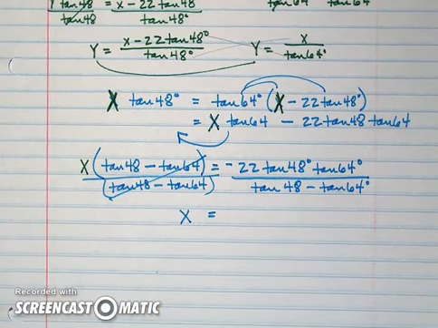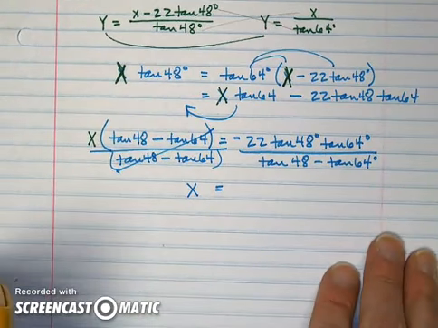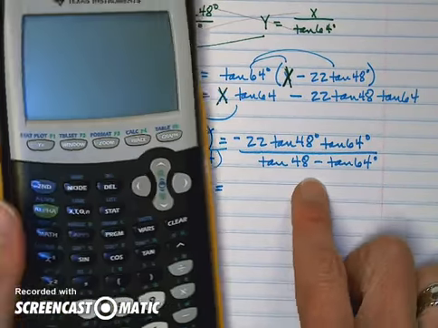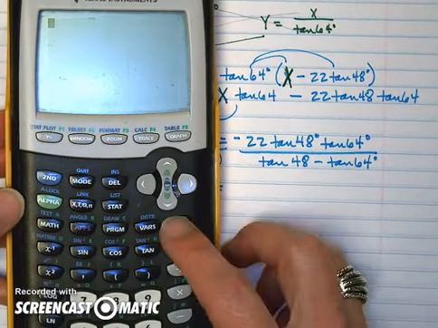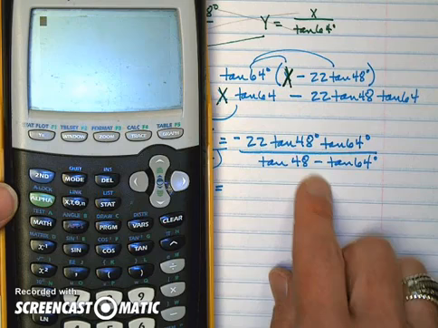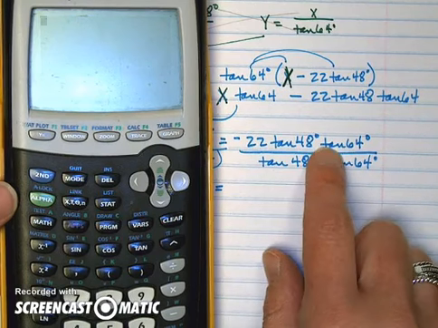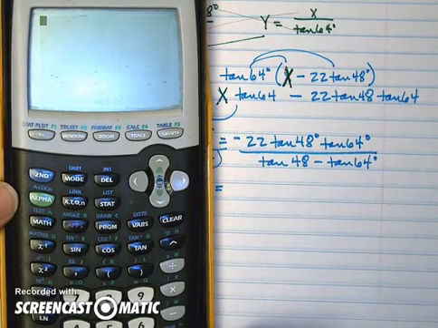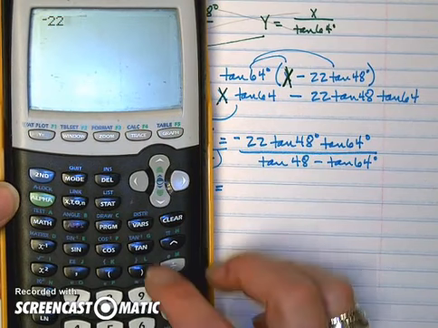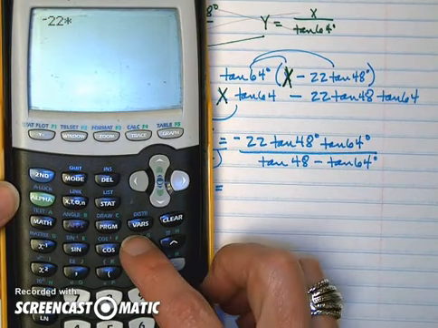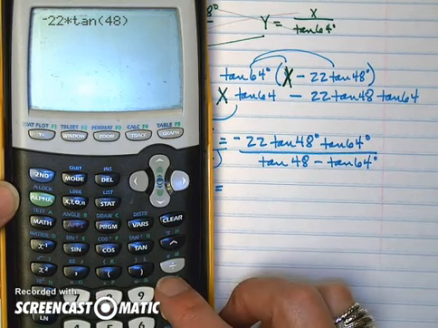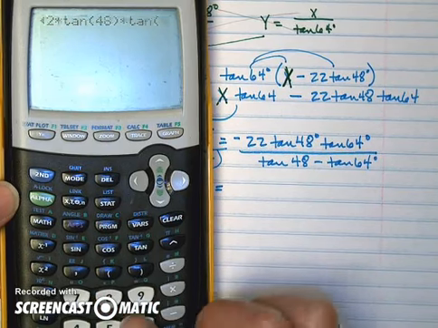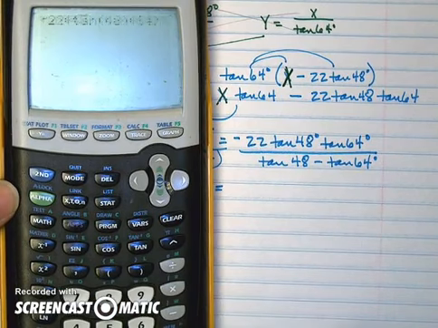First of all, make sure that you are in degree mode. You are entering degrees. Let's turn it on. All right, so I'm going to get my numerator here first. So I'm going to do negative 22, and then times tangent of 48, close the parentheses, times tangent of 64, close parentheses, and I'm going to go ahead and get that answer.